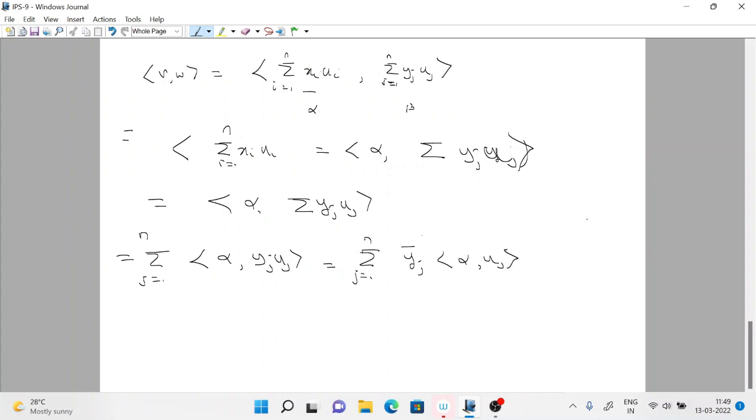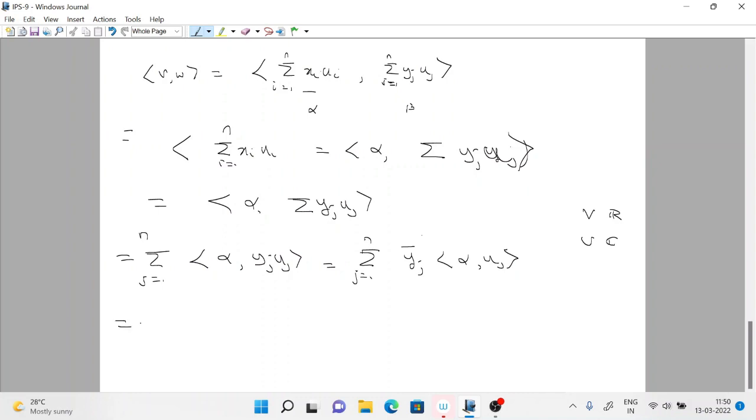Now, if the vector space is over R, then yj will be a real number, and therefore yj bar will be the same as yj. There is no problem. But if V is a vector space over C, then yj comes out as yj bar, the complex conjugate again. So I can use uniform notation yj bar. I don't have to worry about whether it is an inner product space over R or over C. Do you understand that? Very good.